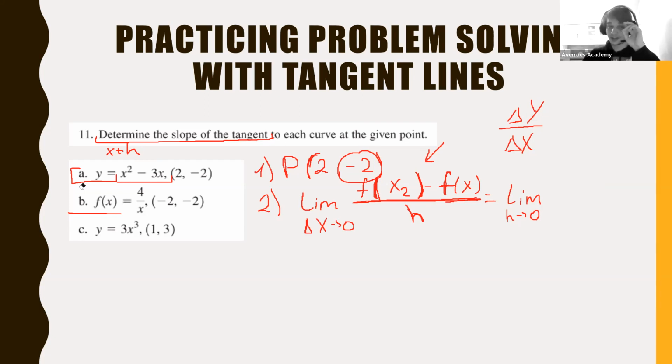So Yusuf, did you get it? Kind of, yeah, but not really. So what if I said 4 here instead of x2? How would you evaluate the value of the function here? At x equals 4.